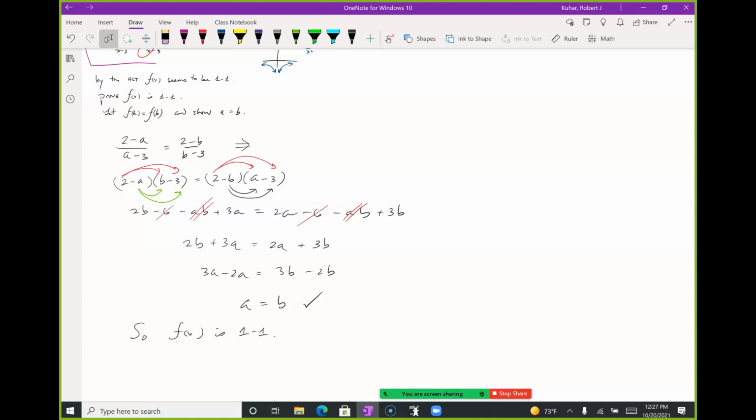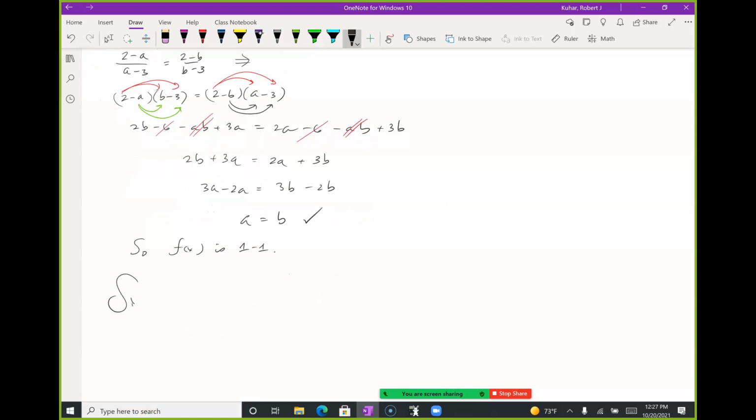Now that I know the function is 1 to 1, what do I know about it? It has an inverse. Right. So once I know f is 1 to 1, f inverse exists.